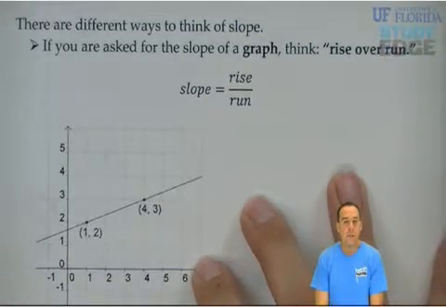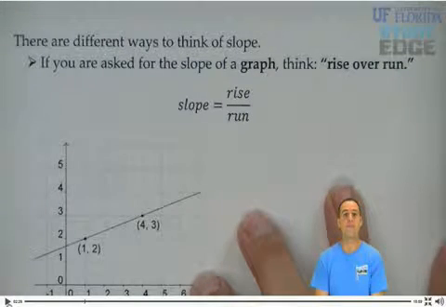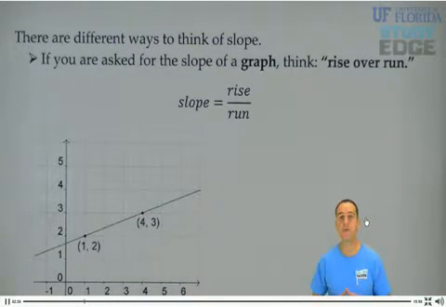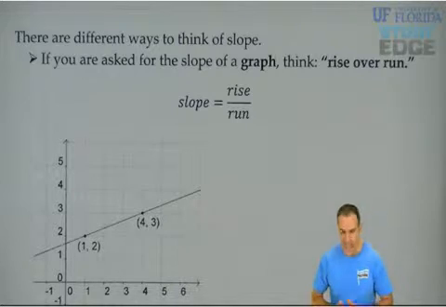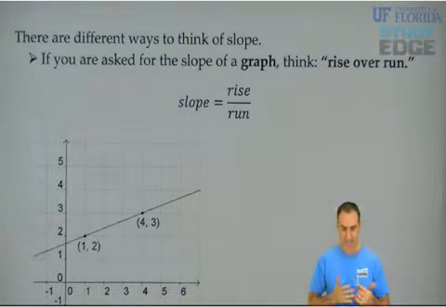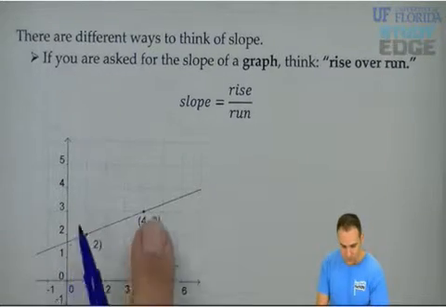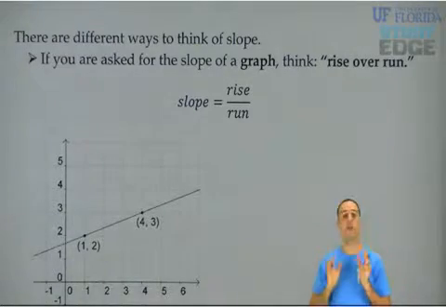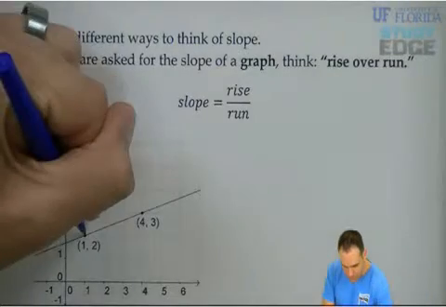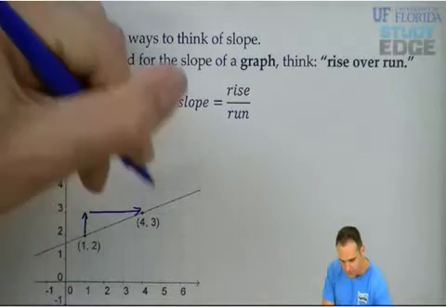Now again, there are different ways to think of slope. Boys and girls, we're now on page 53 of your workbook. If you're asked for the slope of a graph, think rise over run. That's one way to do this. From these two points, and it can be any two points on the line, I'm going to rise and then run over.